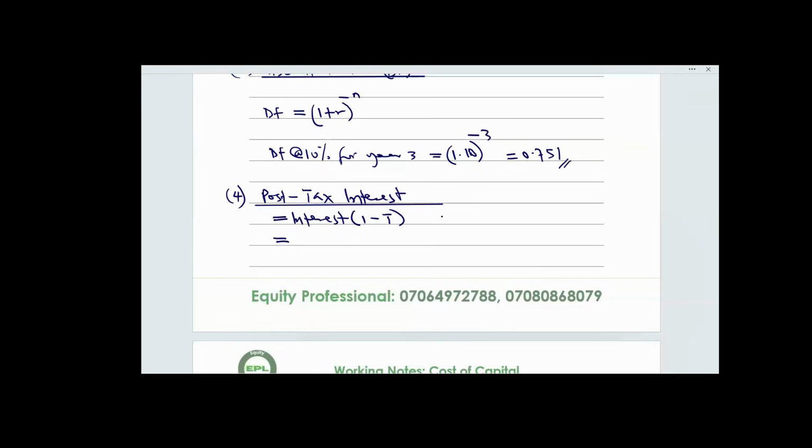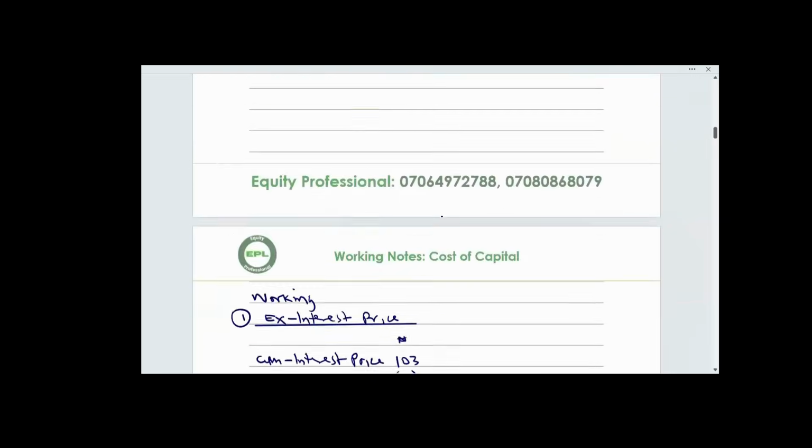According to the question, we are given interest of 8%. Tax rate is 40%, 1 minus 0.40. This will give us 8 multiplied by 0.60. That means our after-tax interest is 4.8 naira. So instead of using 8, here we are going to use 4.8. We have adjusted for tax.